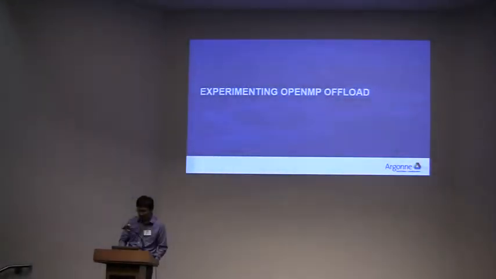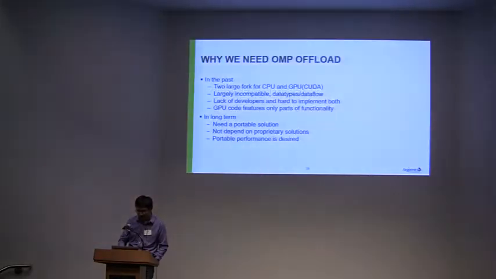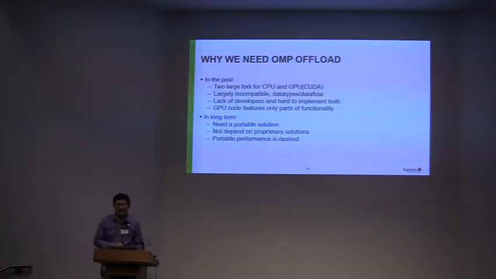So we start to experiment with OpenMP offload to the accelerators. So why do we need to try this? So in the past, QMCPACK actually, as I mentioned, has OpenMP and CUDA. So internally the code is like two big forks, and they are largely incompatible.